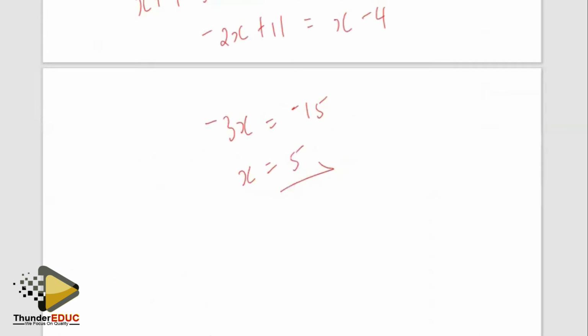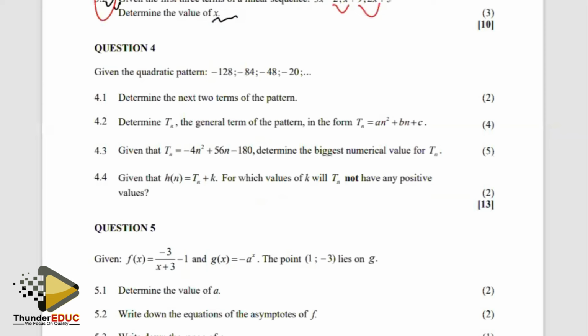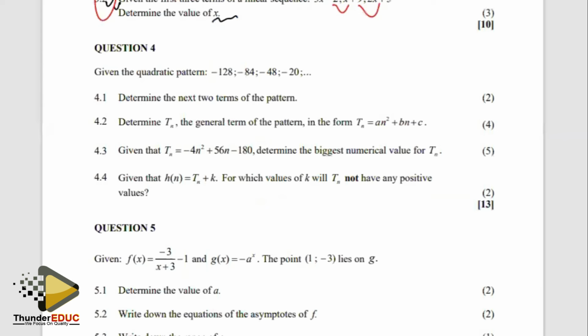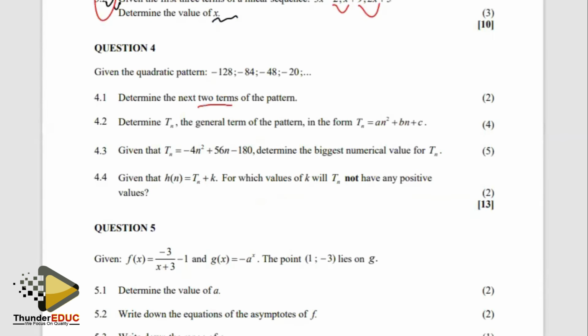So let's have negative 128, then negative 84, then negative 48, and then negative 20. Then they want us to get the next 2 terms of the pattern.